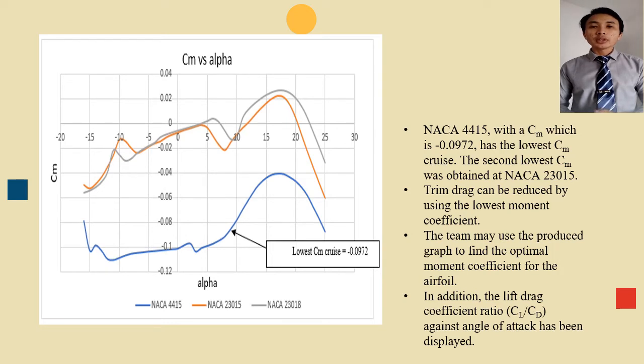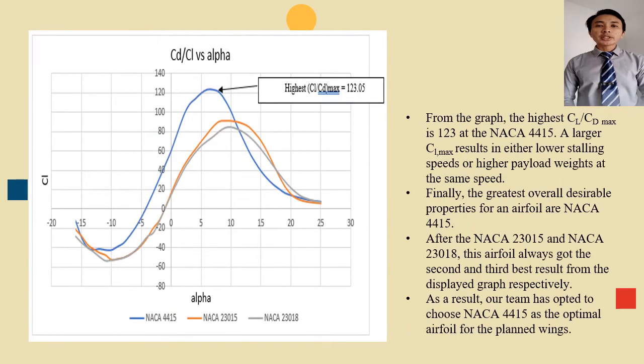In addition, the lift to drag coefficient ratio, which is CL over CD against angle of attack, has been displayed. From the graph, the highest CL over CD max is 123 at the NACA 4415. The largest CL max results in either lower stalling speed or higher payload weight at the same speed.